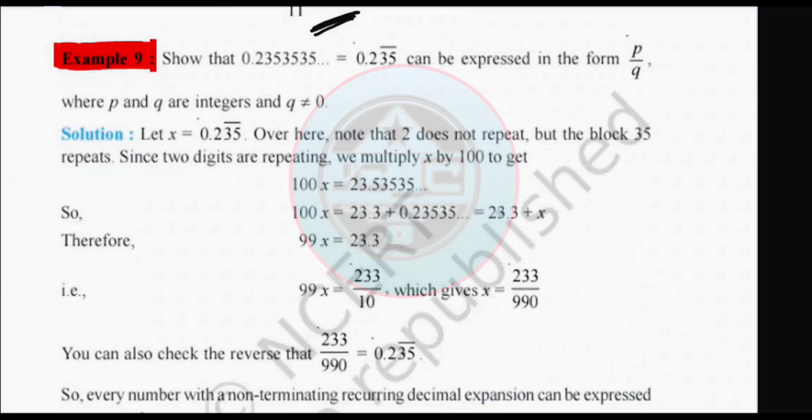0.2353535... is there. It is tricky: directly, every digit after the decimal is not under the repeating bar. So not all the digits are under the bar. So it is tricky, but you can do that very easily.